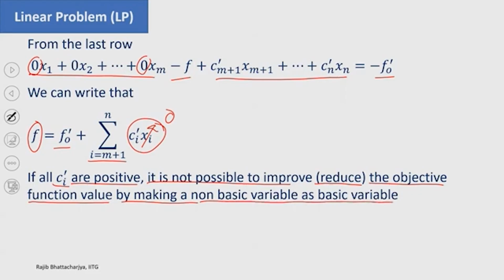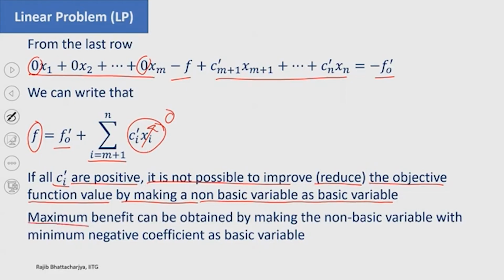As I have shown you in the last class, if all ci dash in the objective function row are positive, it is not possible to improve the objective function value by making a non-basic variable a basic variable.